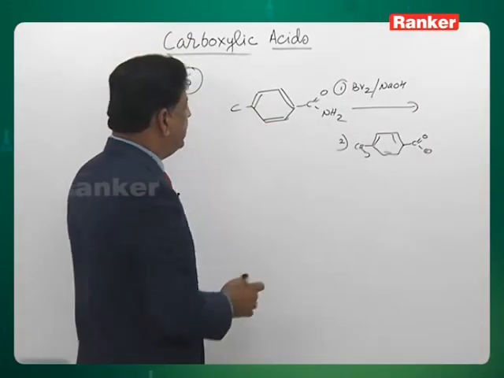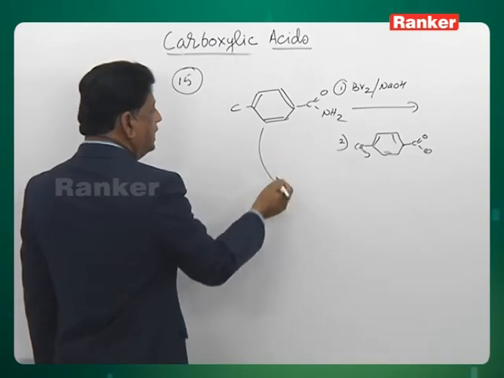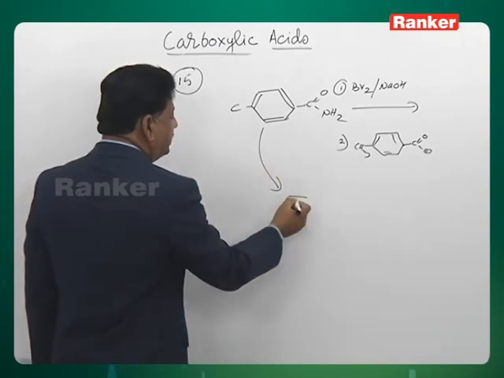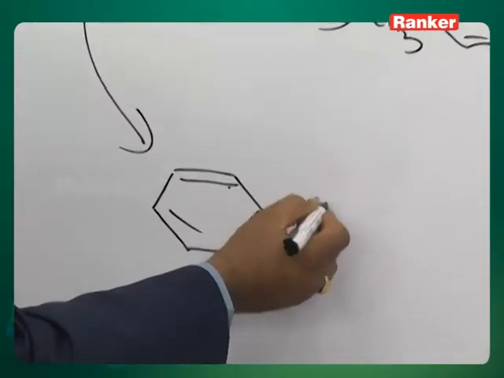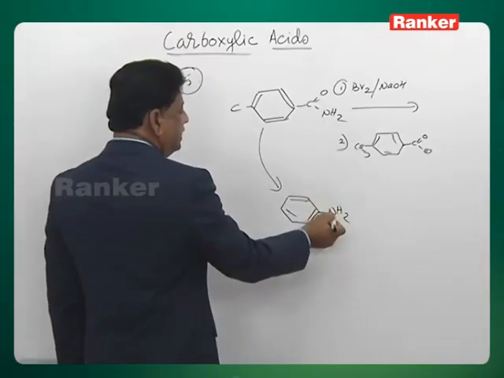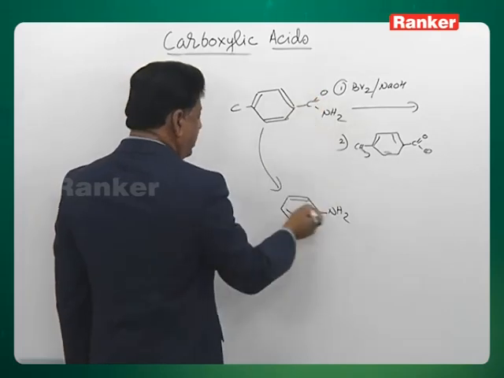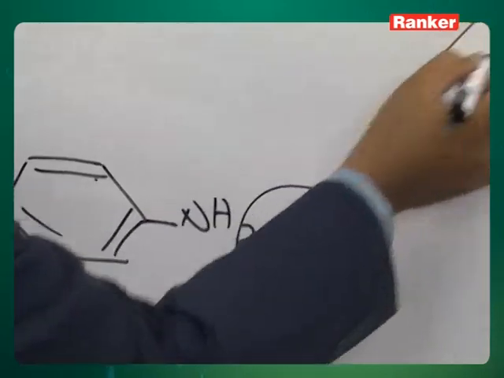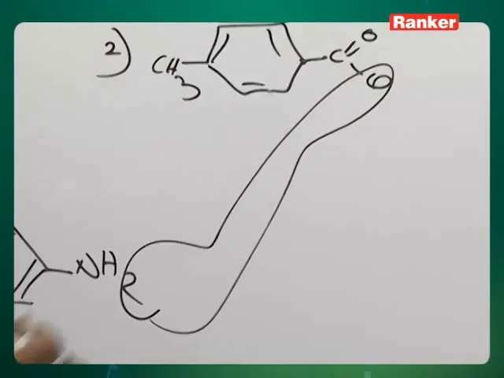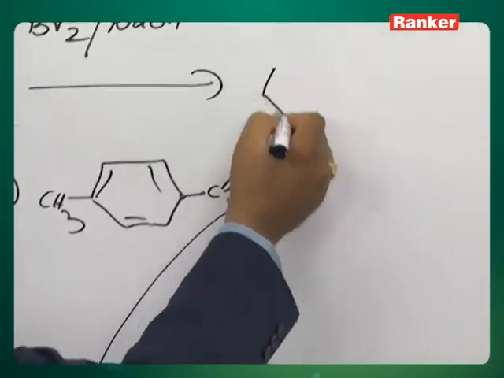So in the first step, with bromine and NaOH, this gives an amine formation, that is NH2 is formed. That is what in the last reaction we have seen, CO will be dismissed and the amine is formed. This amine is treated with the benzoyl chloride, so therefore hydrogen and the Cl will go out, both the compounds will join, and you will get an amide formation.